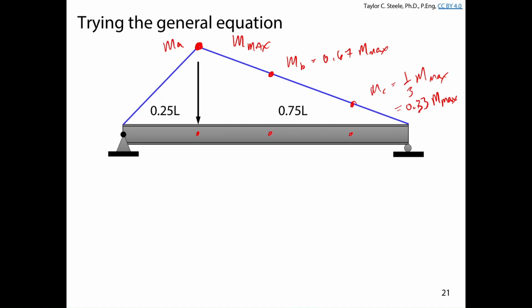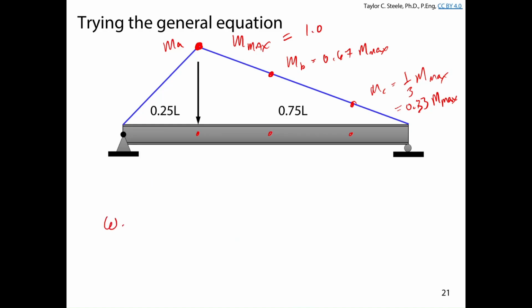Okay, so we have to base our equation for omega 2 now on the maximum moment as well as the quarter point moments. In this case, M max and MA are coincidental. And the other thing that's important here is that it does not matter what the value of M max is. It's just a function of the shape of the bending moment diagram. So for all intents and purposes, let's just say M max is equal to 1. I'll write the equation for omega 2 here.